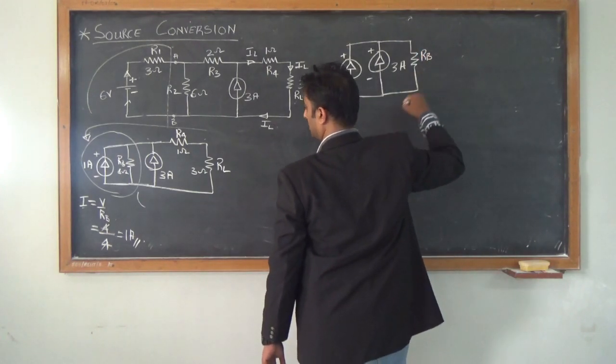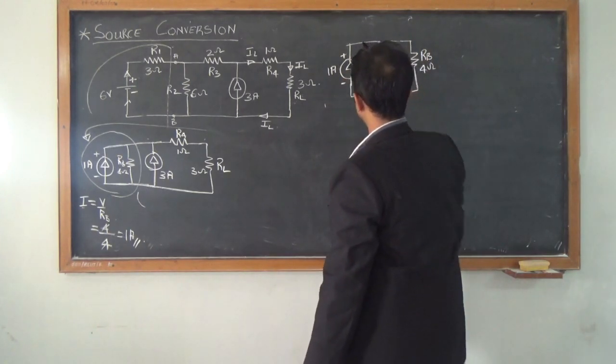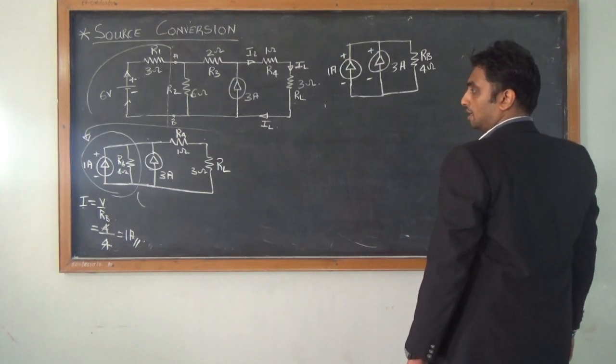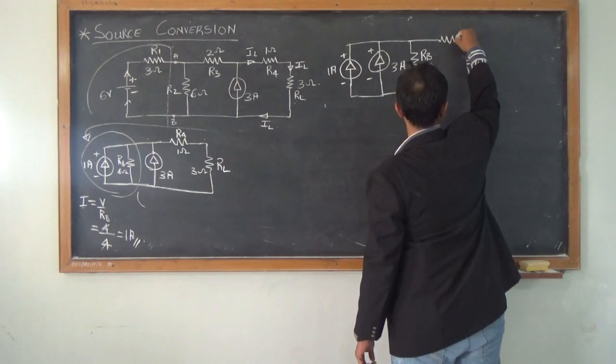I have my RB of 4 ohms, which is in parallel with the current sources, and then the rest of the circuit as usual.